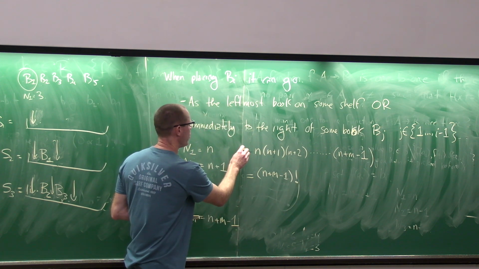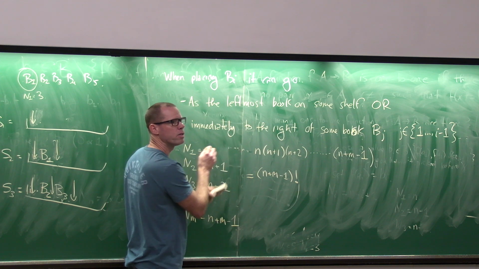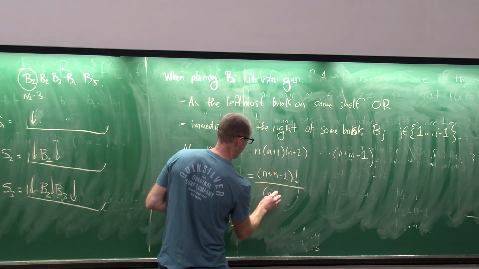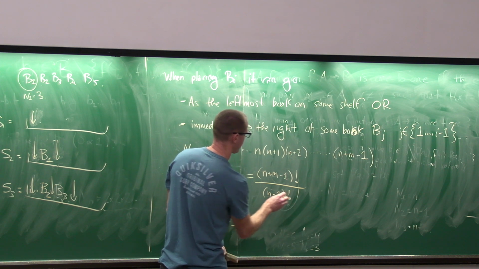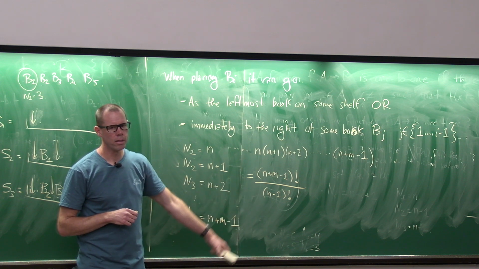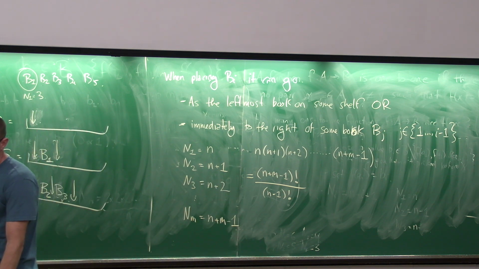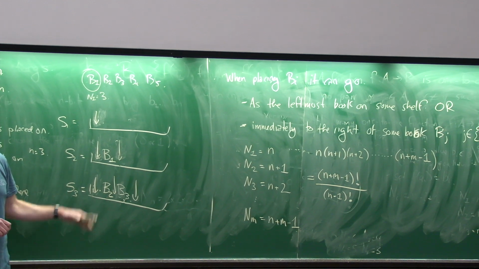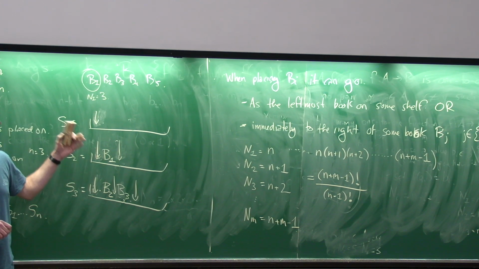But we don't really have this n minus 1, n minus 2, n minus 3, and so on. So let's kill that with n minus 1 factorial. So one of the formulas will be this one. And this is where the items are unique, distinct, the shelves are distinct, the boxes are distinct, and you care about the order within the boxes.